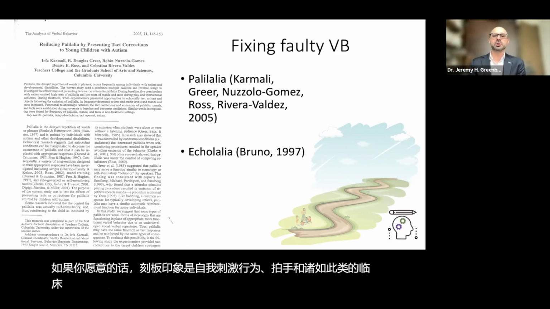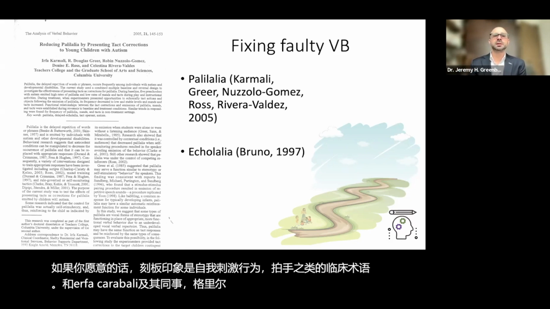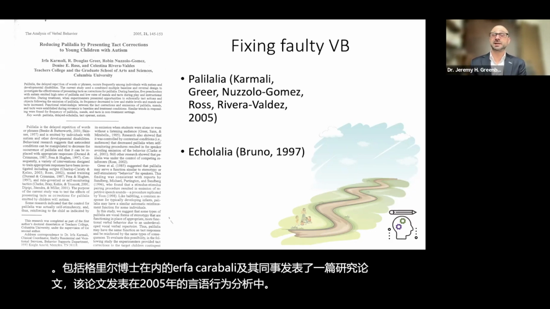And Irfa Karbali and colleagues, Dr. Greer included, did a research paper that was published in the Analysis of Verbal Behavior in 2005. And what they did was they did tact corrections.